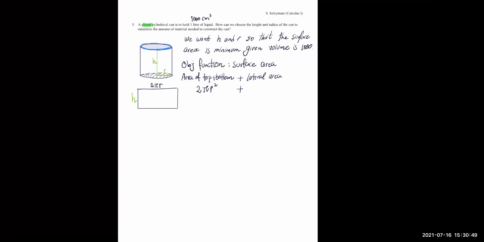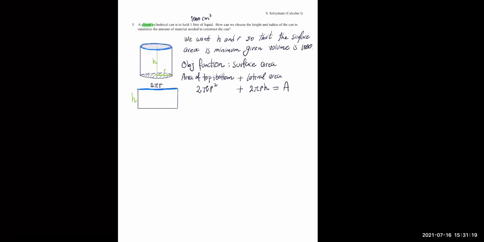That is the same as this length right here. Okay, so length times width is 2 pi r times h, the lateral surface. 2 pi r times h. Okay, and I'm gonna call this S for surface area, or you can just call it A if you want. Let's just call it A. A is fine.